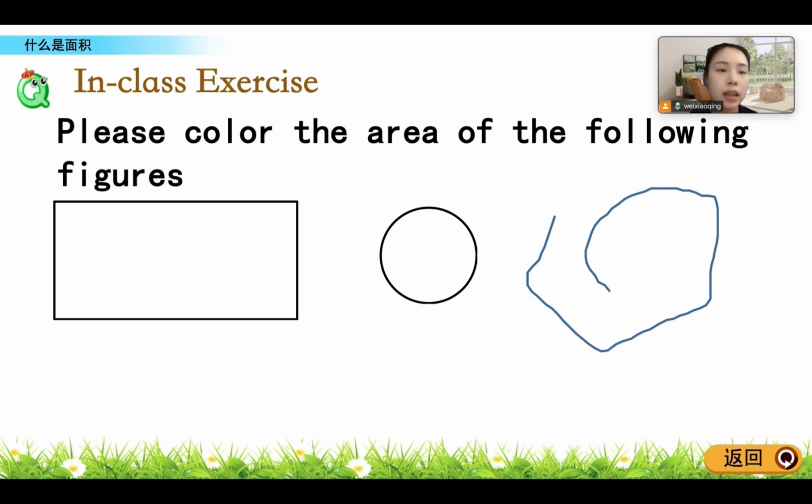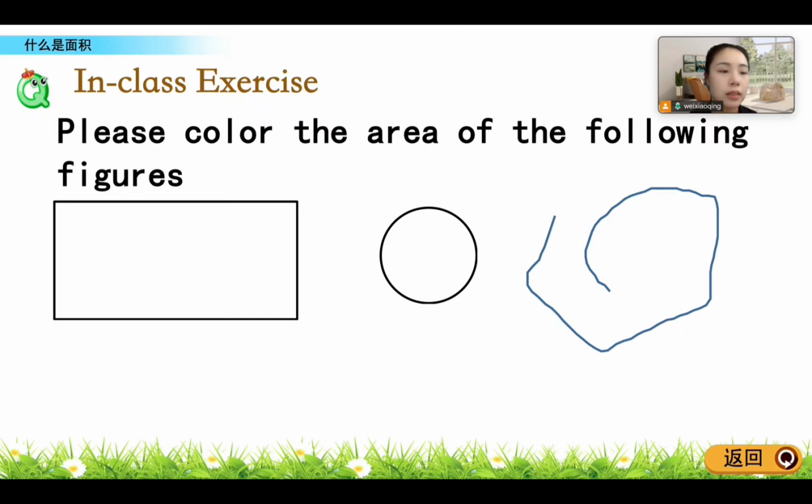Now, please take out your worksheets and color the areas of these three plane figures completely. During the coloring process, everyone can easily color the surfaces of the rectangle and circle, but cannot do so for the third shape.